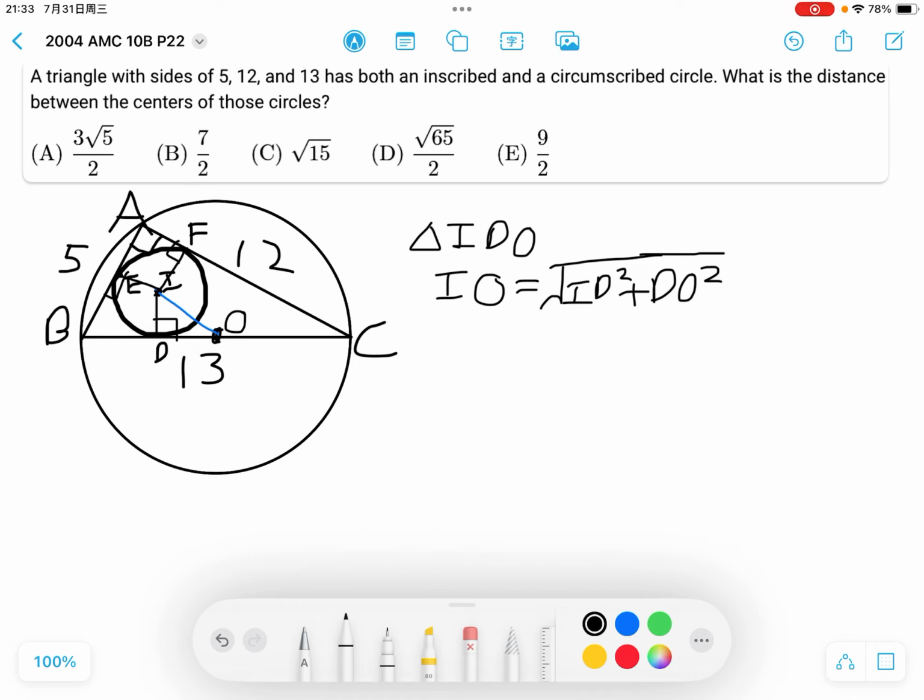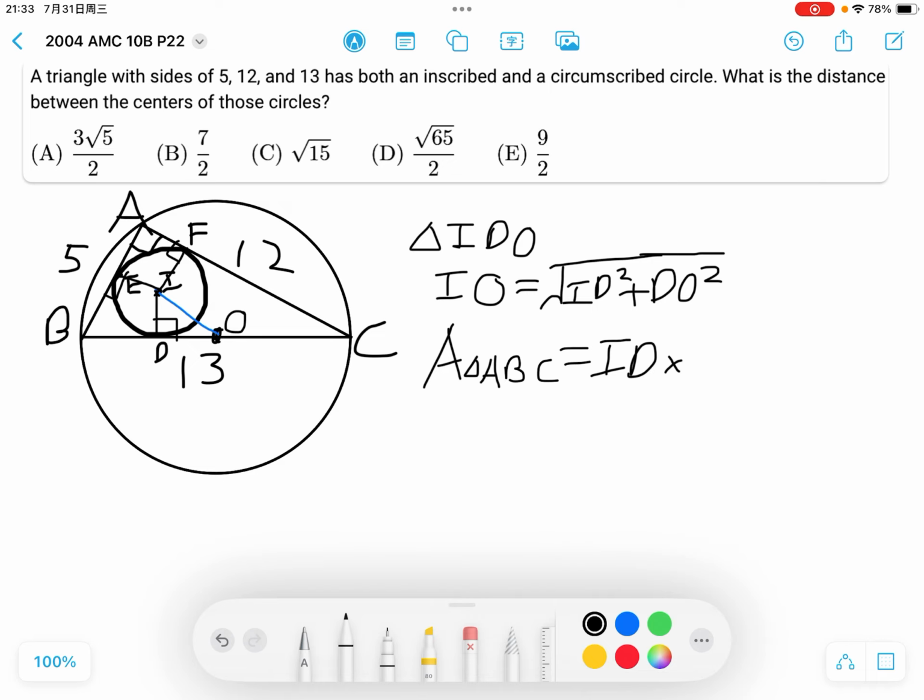So what's ID? To figure that out, we know that the area of triangle ABC is equal to the inradius multiplied by the semi-perimeter.